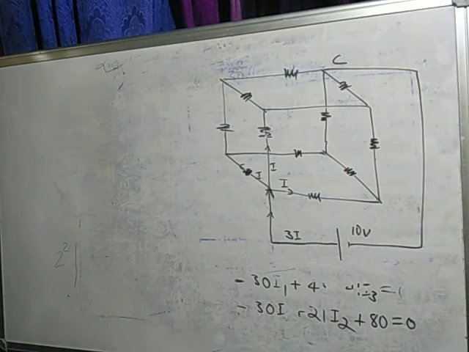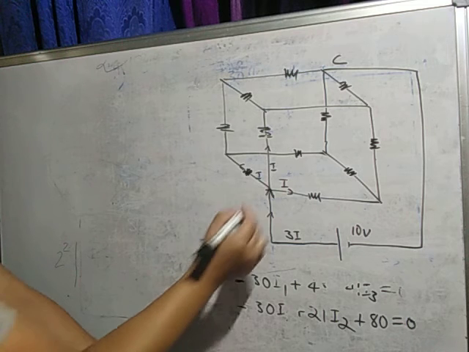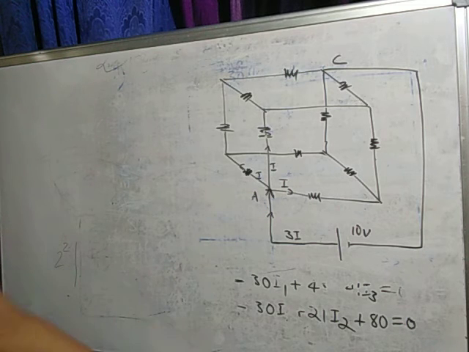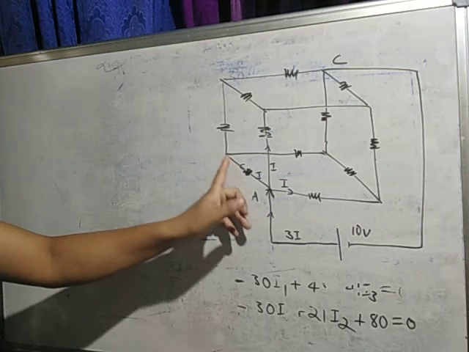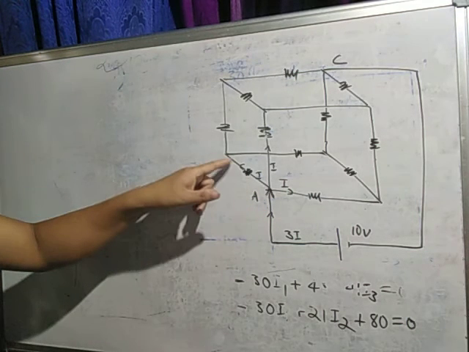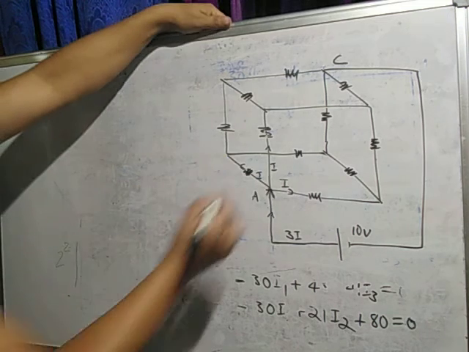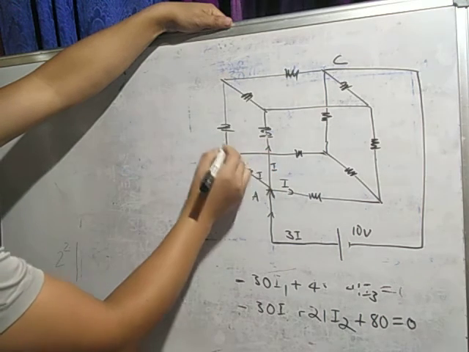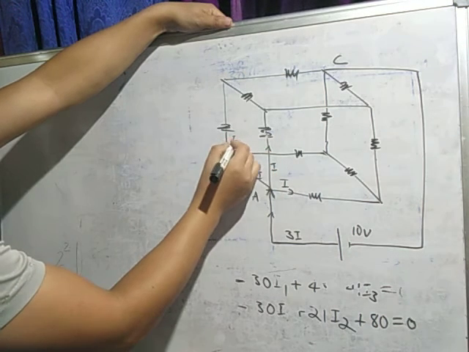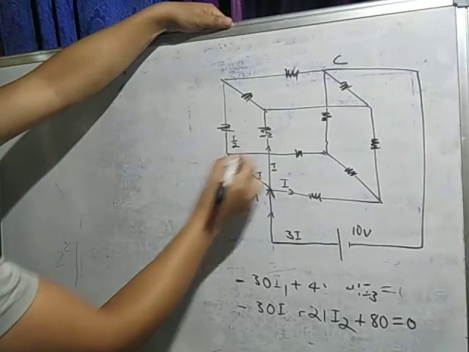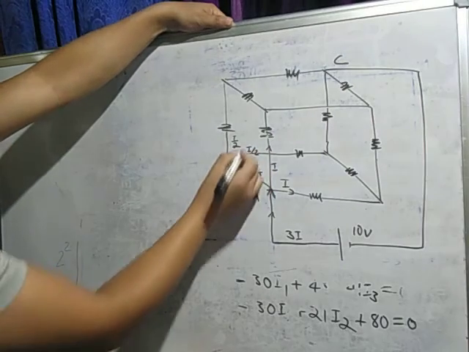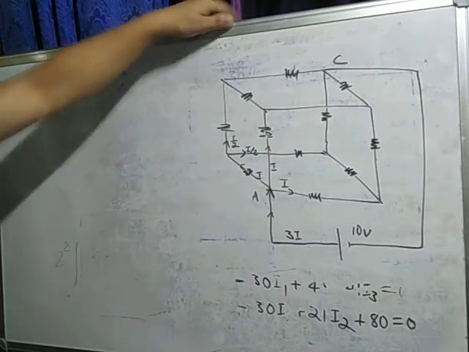Clear? This is the point A. Now look, from here to here I goes. So from here what will go? From here, half I will go that way, I by 2, and here also I by 2. These two are I by 2. Clear?